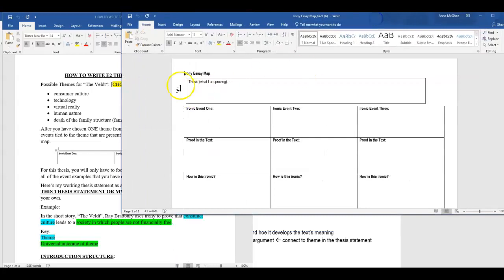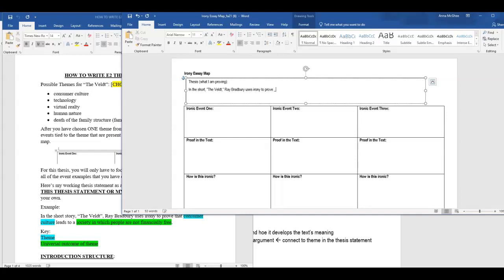Now on your map, you have a box for your thesis statement. Now you will copy exactly what was on the assignment sheet: in the short story The Veldt, Ray Bradbury uses irony to prove.